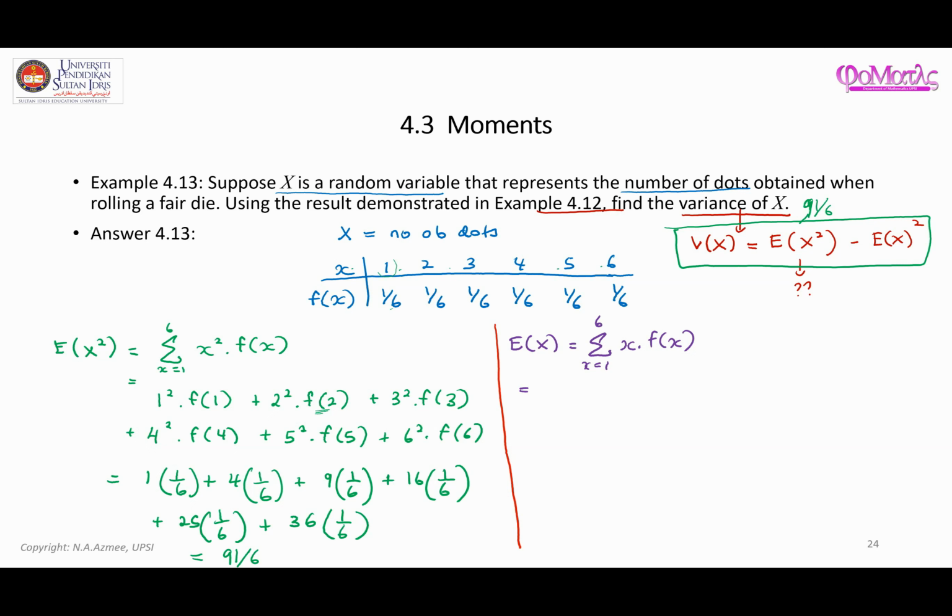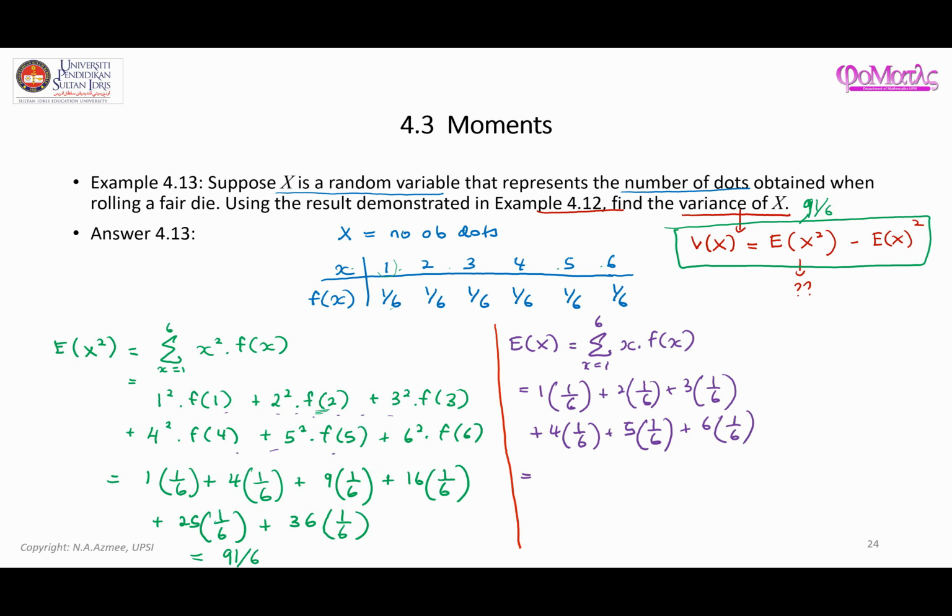The process is going to be very similar. We have x is 1 with 1 over 6. I'm just skipping this part, but you know the idea already. This one is 2 times 1 over 6 plus 3 times 1 over 6 plus 4 times 1 over 6 plus 5 times 1 over 6 plus 6 times 1 over 6.